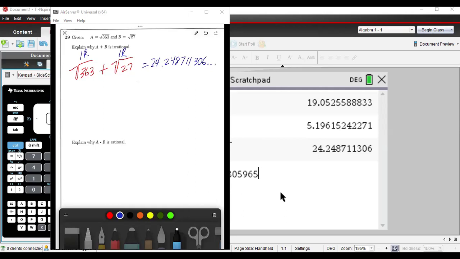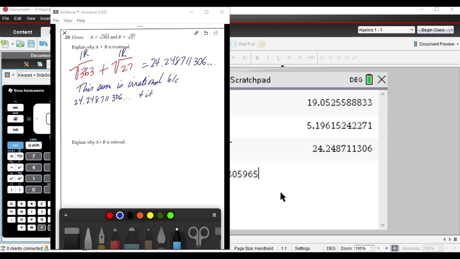And I would say the sum is irrational because I got 24.248711306 dot dot dot, and it's going on forever.